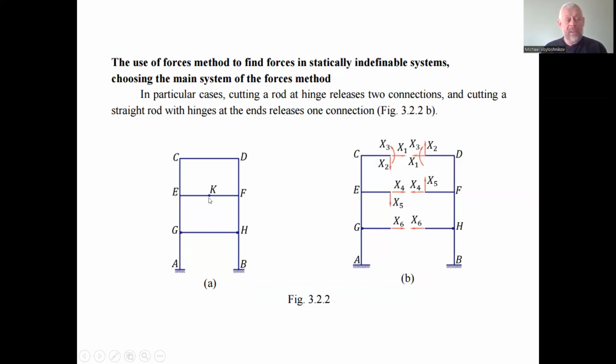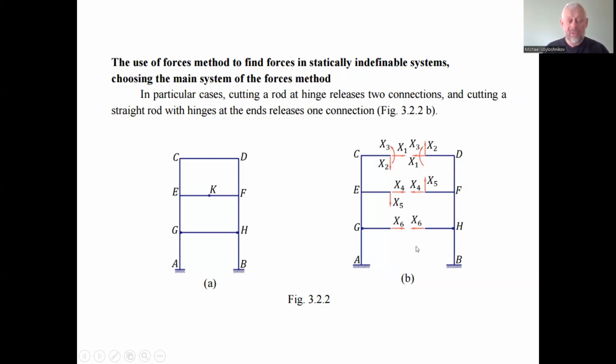If we cut the hinge, because a hinge does not transmit the bending moment, we have only two reactions: longitudinal and vertical shearing force, and the longitudinal force in the rod EF.